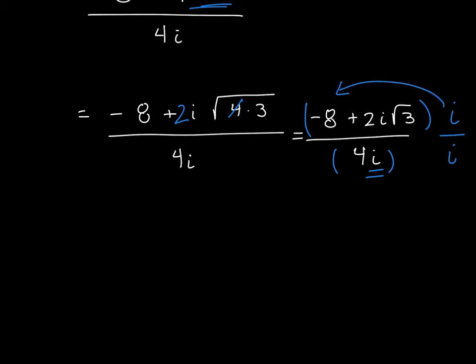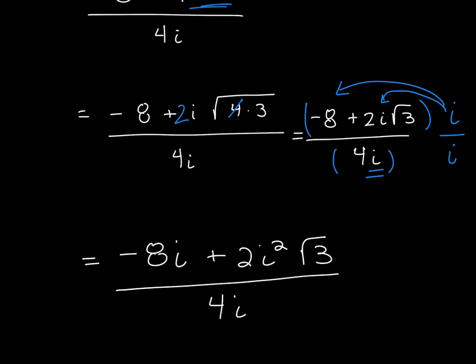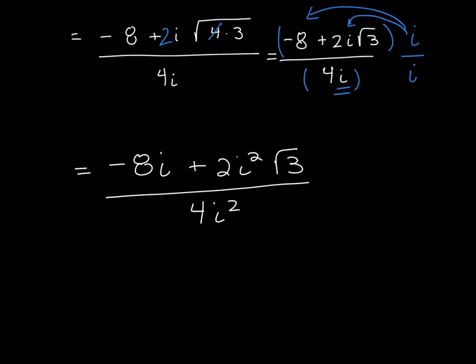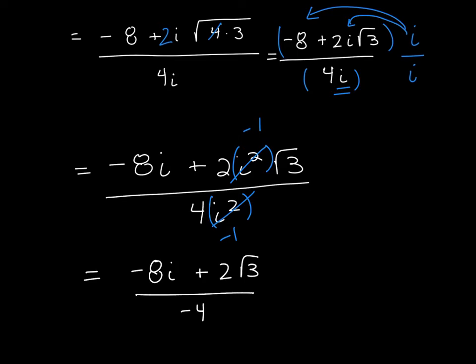I distribute the i in the numerator, and I'm left with -8i plus 2i squared square root of 3 all over 4i squared. The next thing I'm going to do is wherever I saw that i squared, I'm going to replace i squared with -1. And now I'm left with -8i plus 2 square root of 3 all over -4.